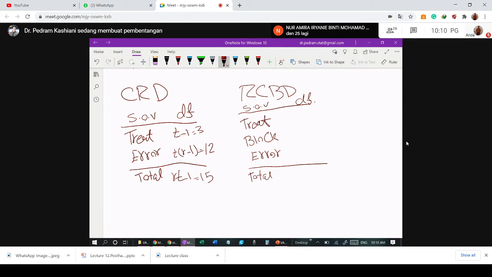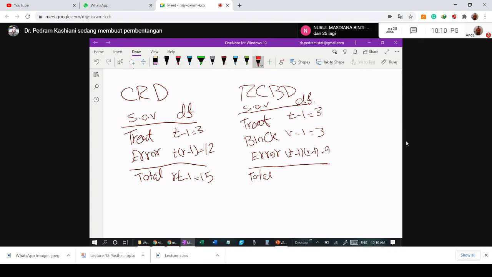So for RCBD, treatment is T minus 1, again this is 3. Block is R minus 1, still 3. And error is T minus 1 into R minus 1. This is 9. So you can see what is happening.